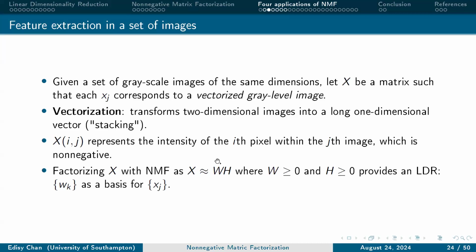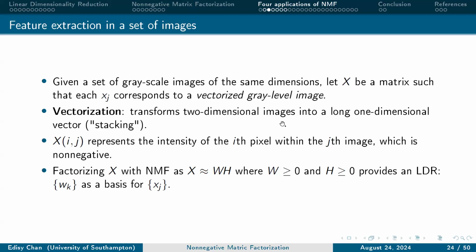Given a set of grayscale images of the same dimensions, we can construct a matrix X such that each column, xj, corresponds to a vectorized gray level image. How can we do it?